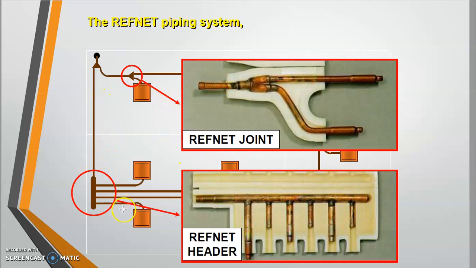If you are splitting into multiple pipes, for example 4 to 5 different pipes, we use the RefNet header. It is quite easy. We just want to split the refrigerant piping, so we can use the RefNet joint and RefNet header.